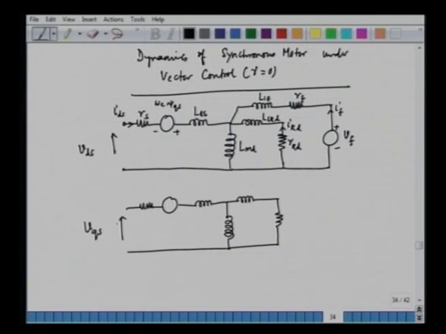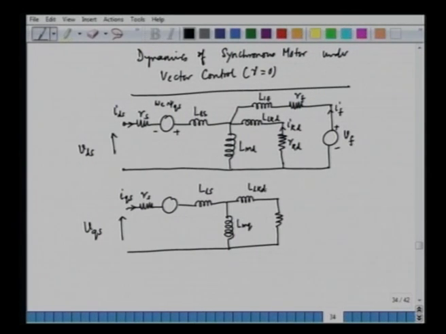Similarly, in the Q axis we have the stator resistance RS, IQS is the stator Q axis current, LLS is the stator leakage inductance, and LMQ is the magnetizing inductance in the Q axis.